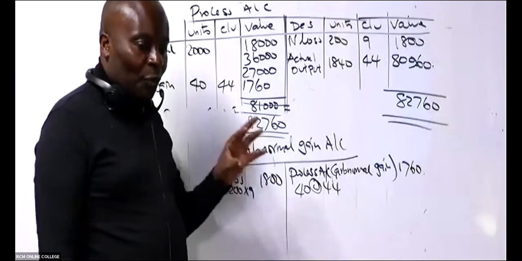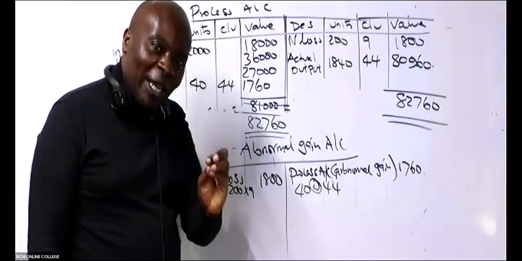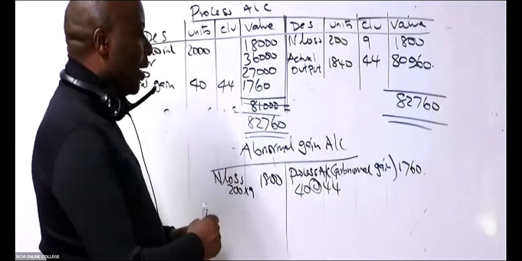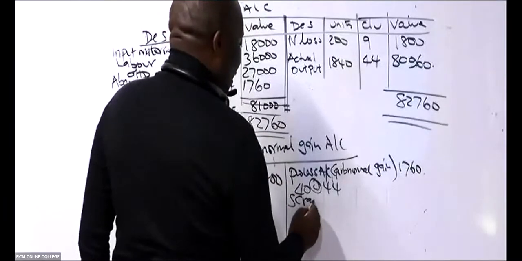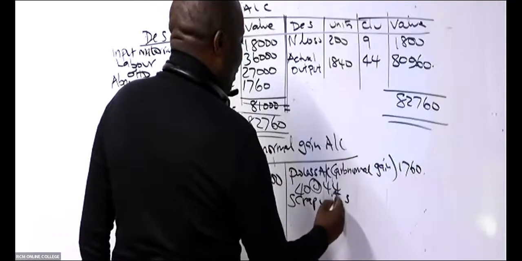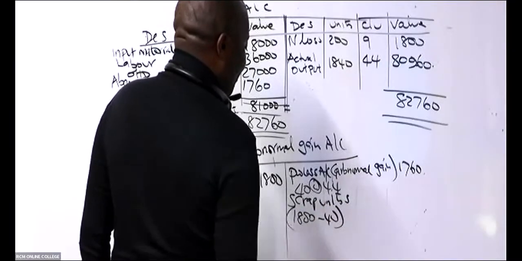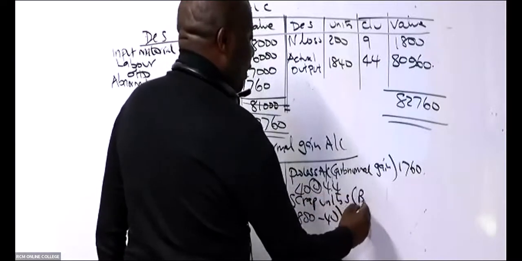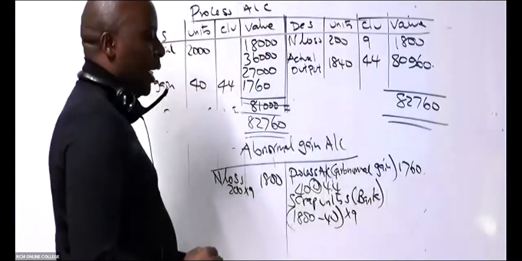So out of 200 expected loss, there is an abnormal gain of 40. So basically, in this case here, the scrap units will be 200 minus that 40. So this one here, we shall sell them at 9 bob and receive the money in our bank account.